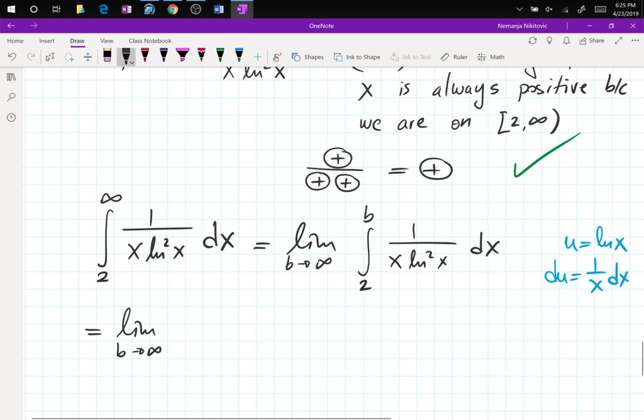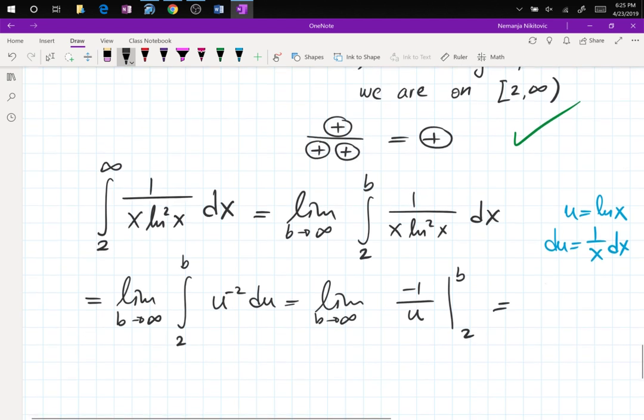I should switch to u, but I have u to the negative 2 du. Limit as b goes to infinity of the integral, which is u to the negative 1 over negative 1, so negative 1 over u, calculated from 2 to b, but I need u to be x, so that's ln x.